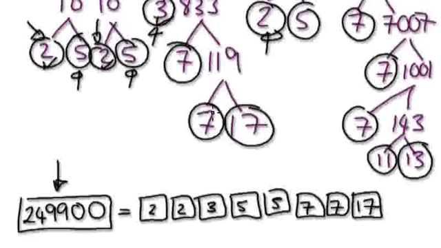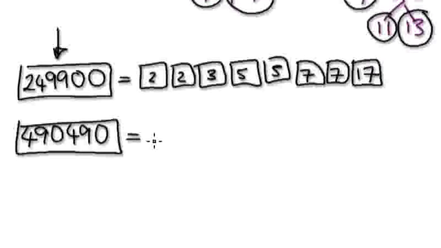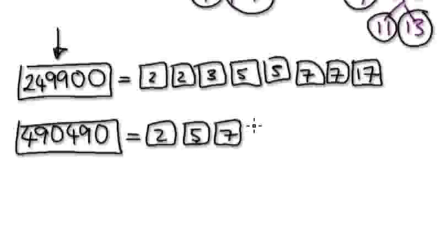We can break it up as a 2, a 5, times a 7, times a 7, times a 7.